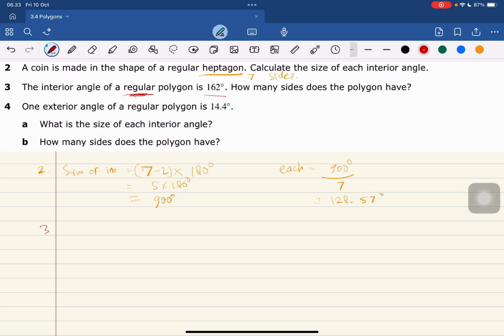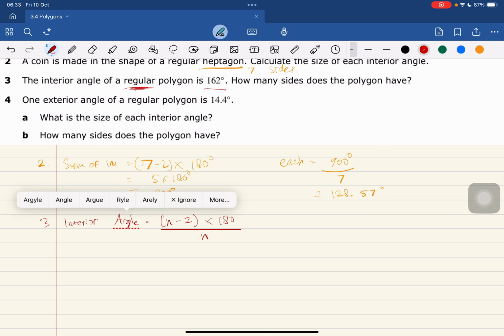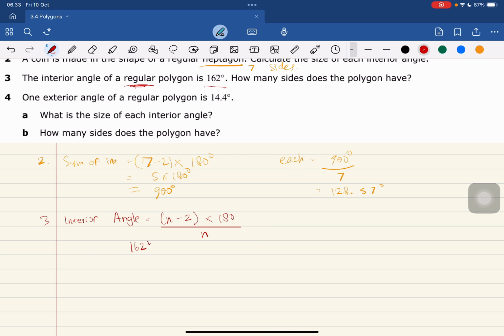So the formula is here: the interior angle is equal to n minus 2, multiplied by 180, then divided by n, where n is how many sides there are. So 162 degrees equals n minus 2 times 180 degrees divided by n.